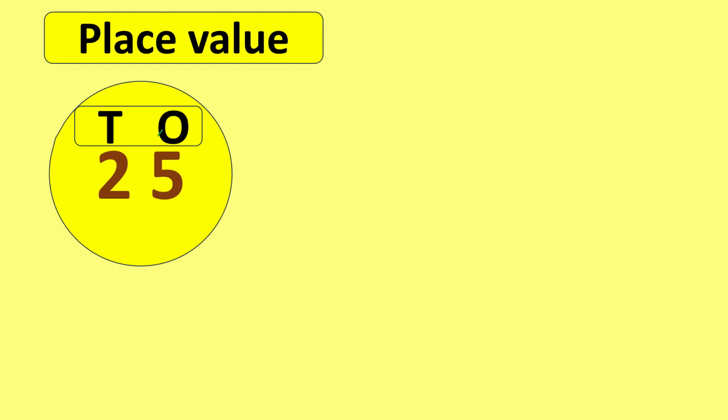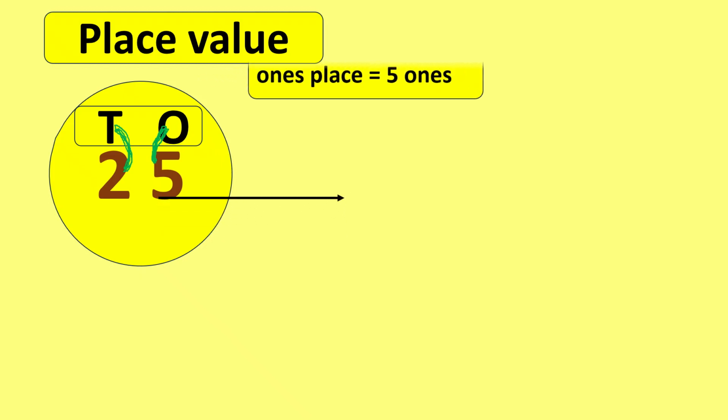Under O is 5, so the ones value of 5 is 5 ones. For the tens value, there is a 2 under T, so tens place 2 tens. Like that.